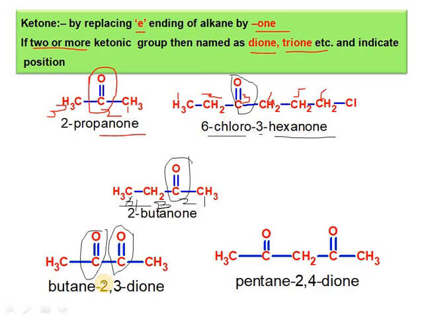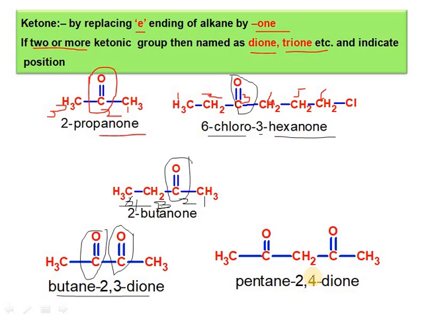So we write the IUPAC name for this structure as butane. The 2 and 3 positions have ketonic groups, so butane-2,3-dione. It is the correct name.